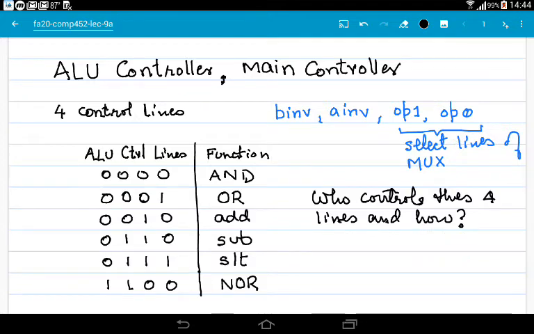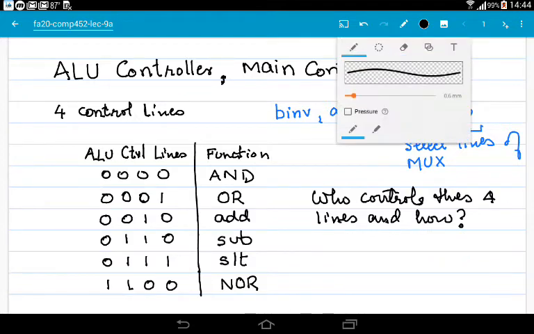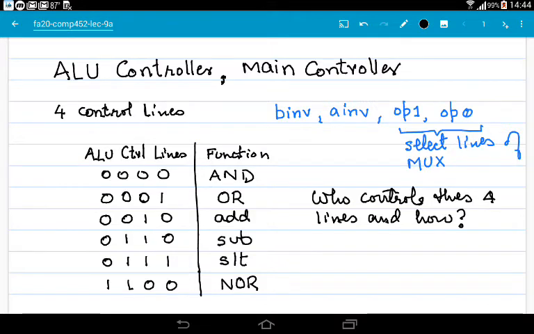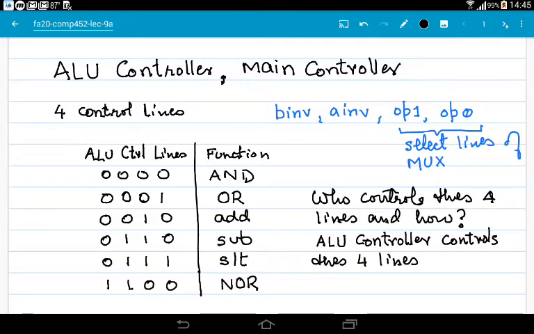So I take back my words and I say the ALU controller controls these four lines. That's the correct thing to do.